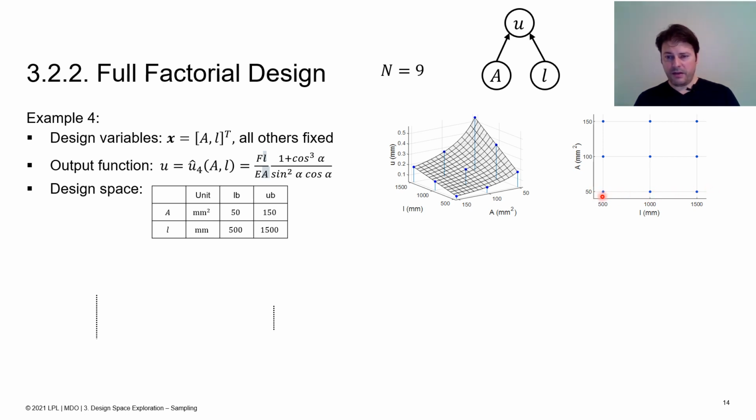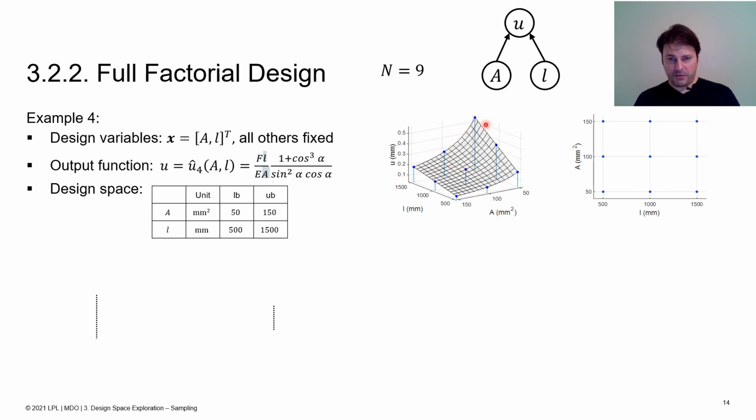By equally spaced, what we mean is the distance here is the same as this in a normalized sense. So normalized with respect to the design space. And after you created your sample design, you would compute the function value for each design point, and you would get these blue dots.